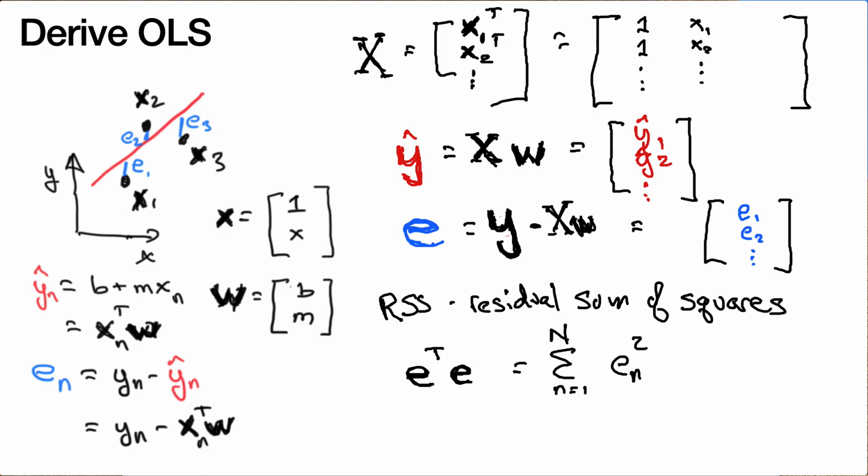Those are equivalent statements. So this is the linear algebra format for it, and this is kind of the algorithmic one. Take every one of these e's, square it, and sum it up.